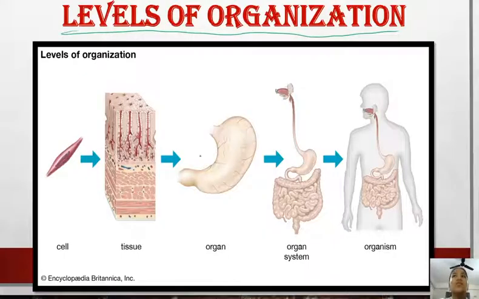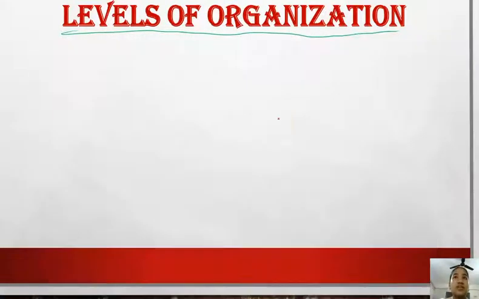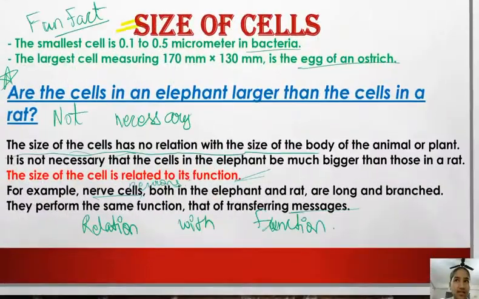So this is what it meant. I hope you all understood the levels of organization and the size of cells. And I hope that's clear. Do you want to know the biggest human cell? The biggest human cell is the ovum. The largest human cell is the ovum.